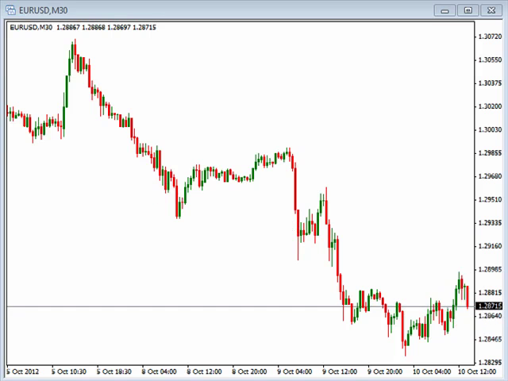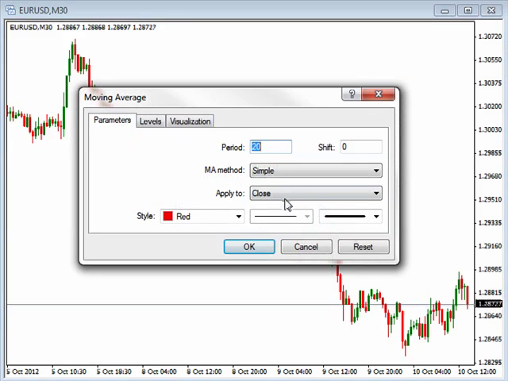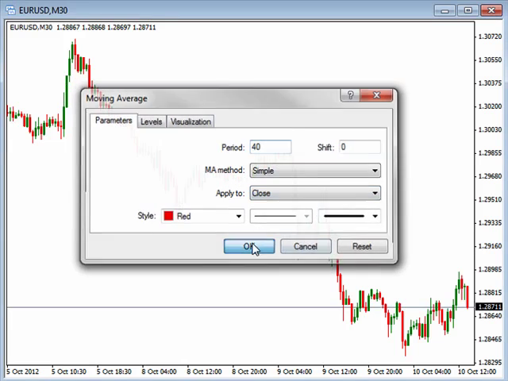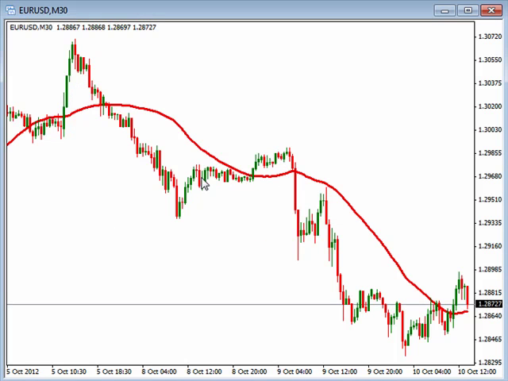Now we can add things like we've done in the past with the moving average. If we add a 40-period simple moving average, you can see that this might change our thought process as to whether we should go long or short here, in that the moving average has turned up and is moving higher, and the price is above that.